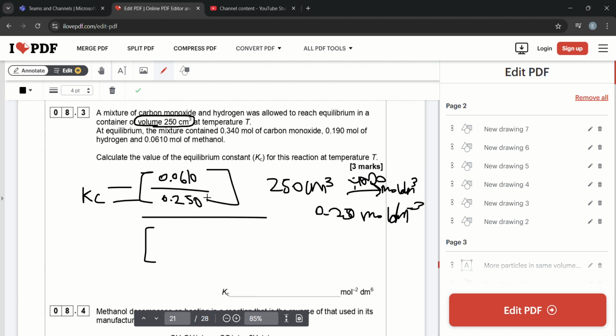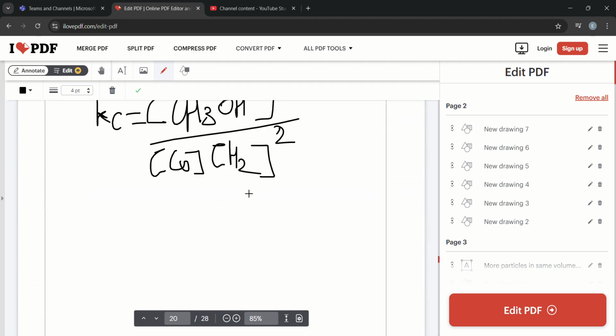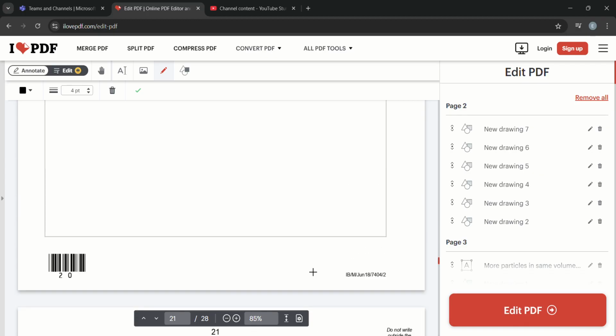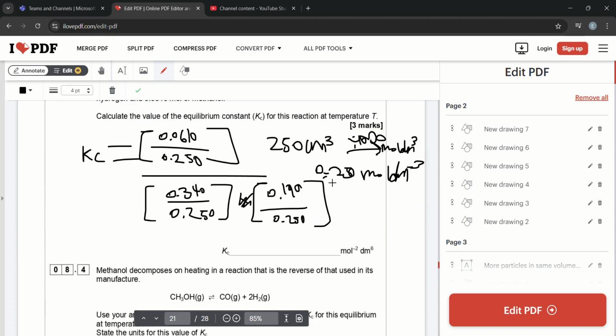Carbon monoxide 0.340 divided by 0.250, times hydrogen 0.190 divided by 0.250, and then this little trick: hydrogen is squared, so don't forget to square it.